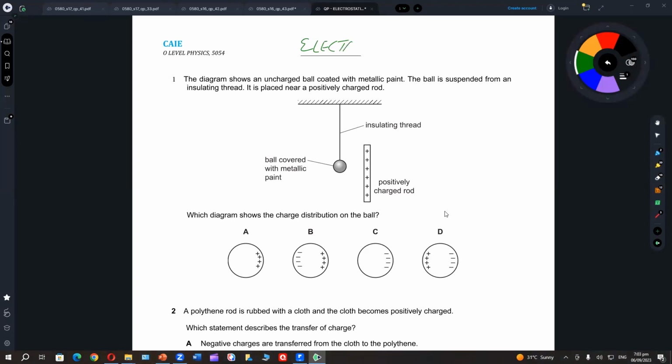We are doing some questions on electrostatics first.